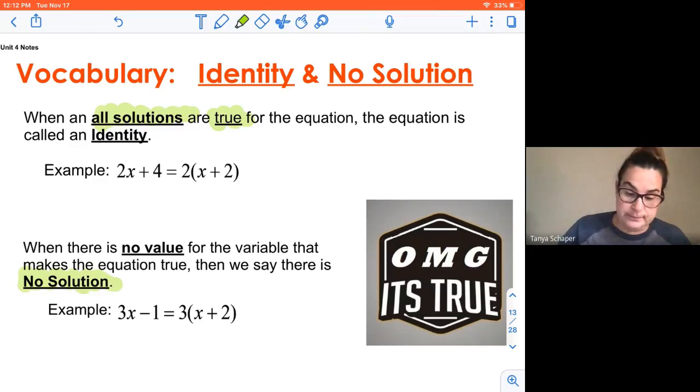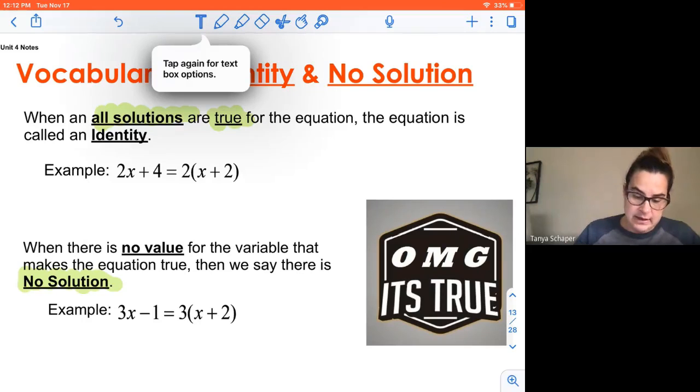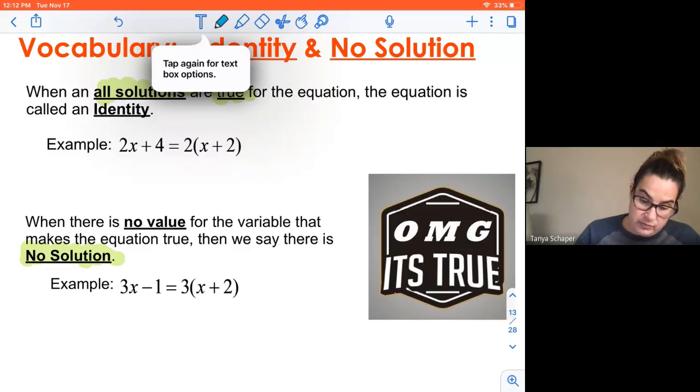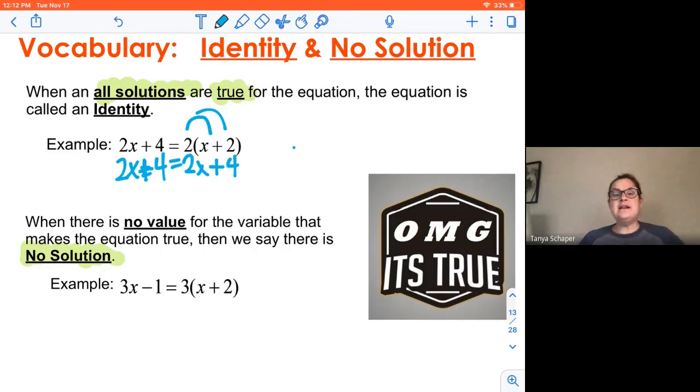So here we go. When we take a peek at this particular equation, I'm going to distribute what's on the right-hand side, and I'm going to end up with 2x plus 4. When I get to this equation, I see that the left side is identical to the right side.